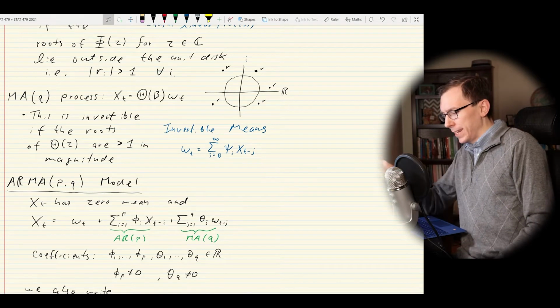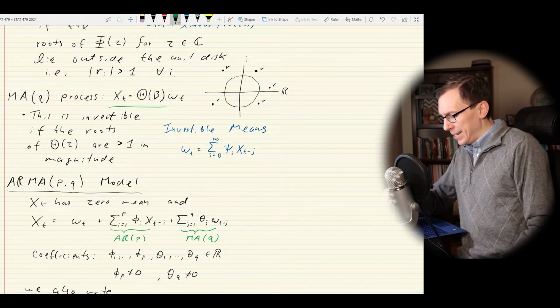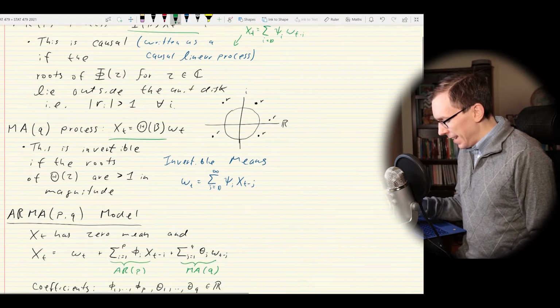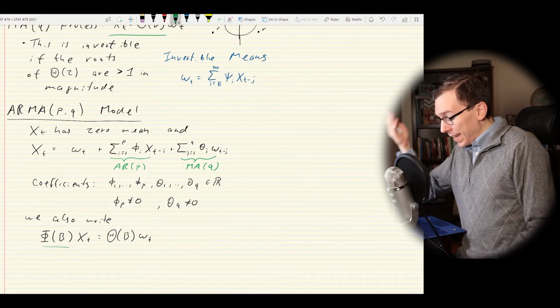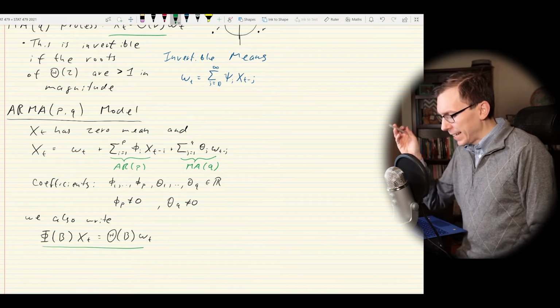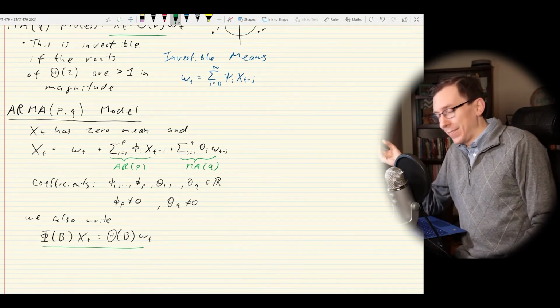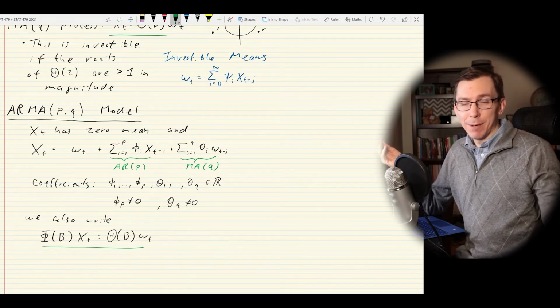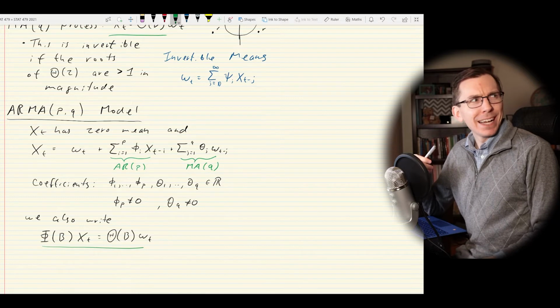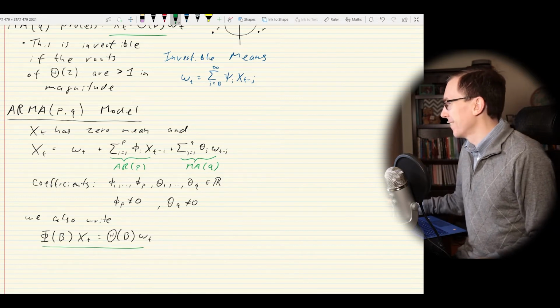We just take the two things that we had above, this piece and this piece, and cram them together and we get this, which really just says we have an autoregressive operator applied to xt, and a moving average operator applied to wt.